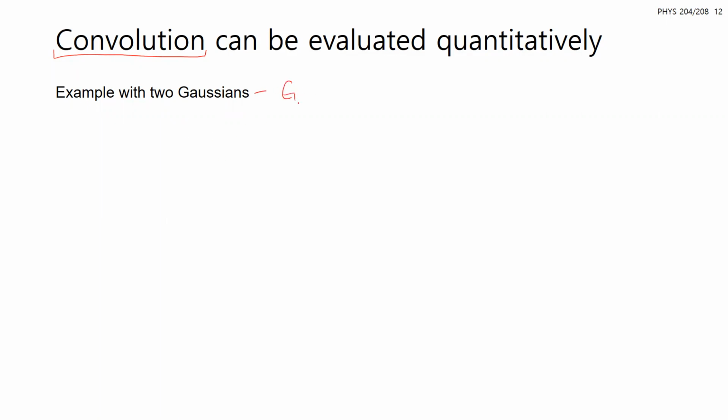where we're going to call this one Gaussian A, where we're going to say it has some amplitude, and we're going to write this in time. And it's going to have some width sigma A squared. We're going to convolve that Gaussian with a second Gaussian. We're just going to call it GB.